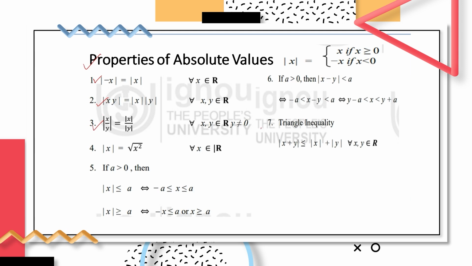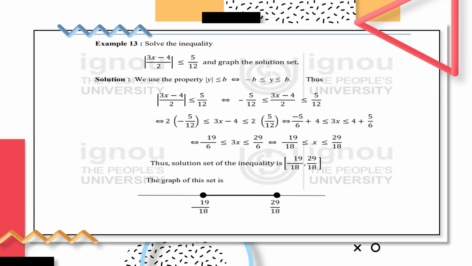There is also an important inequality, the triangle inequality, which states that the modulus of the sum of two numbers is less than or equal to the sum of the moduli of the two numbers. You just need to remember these properties, and we are going to apply them to some numericals to solve inequalities with absolute values.